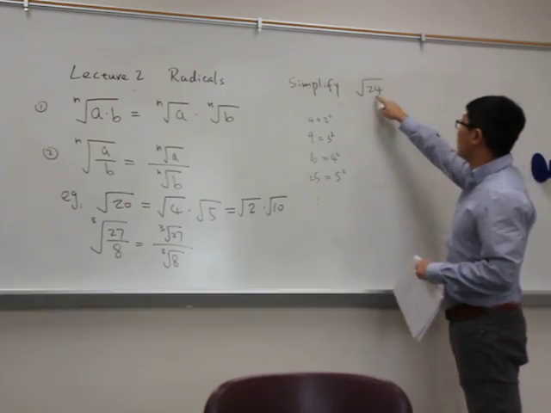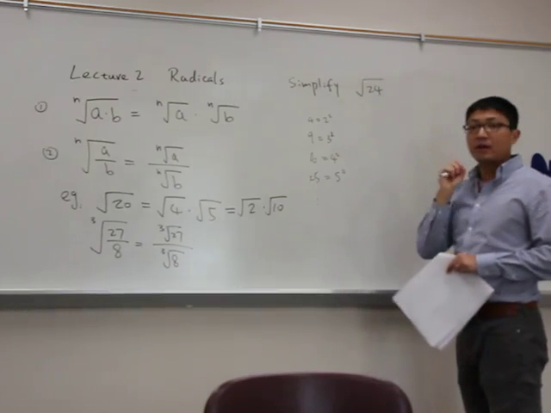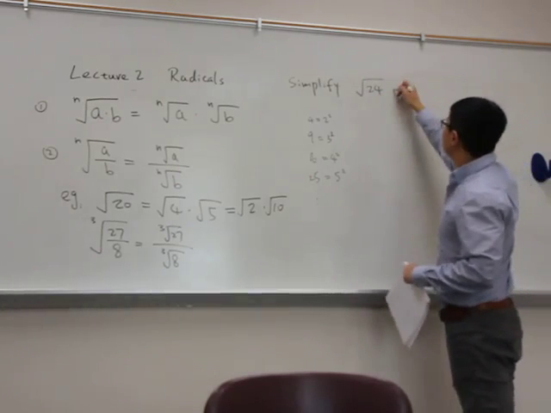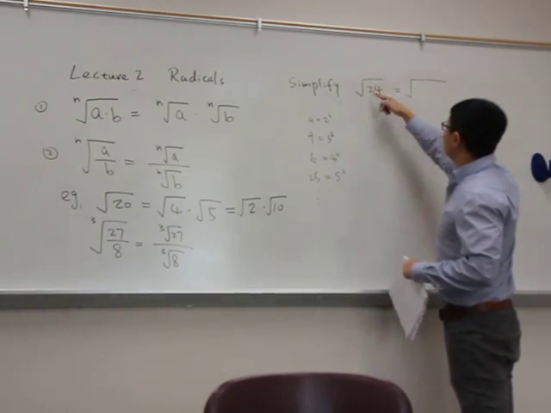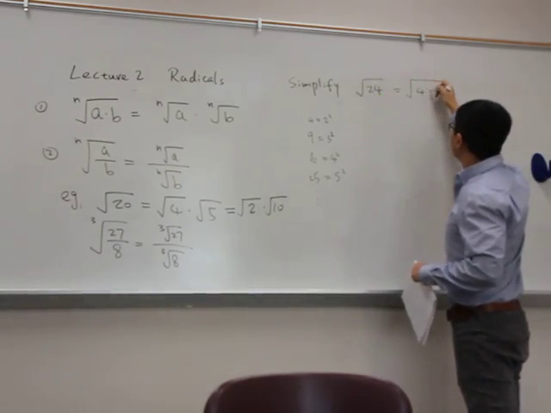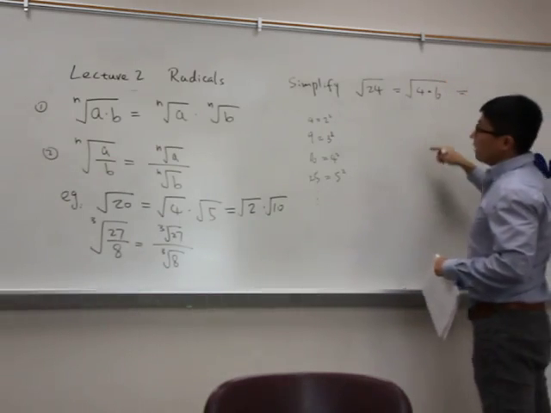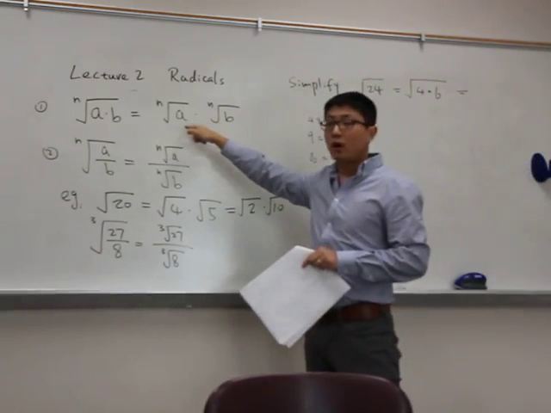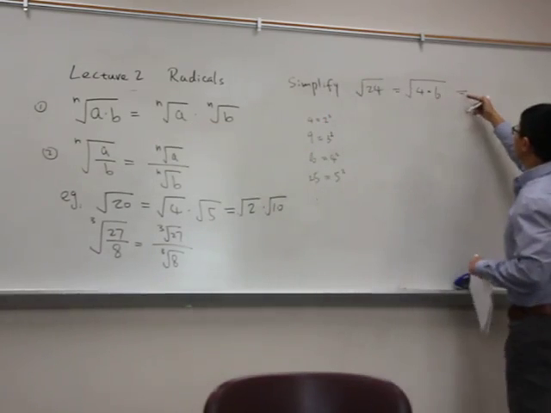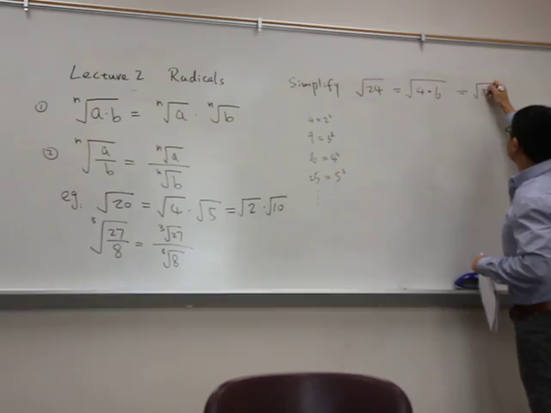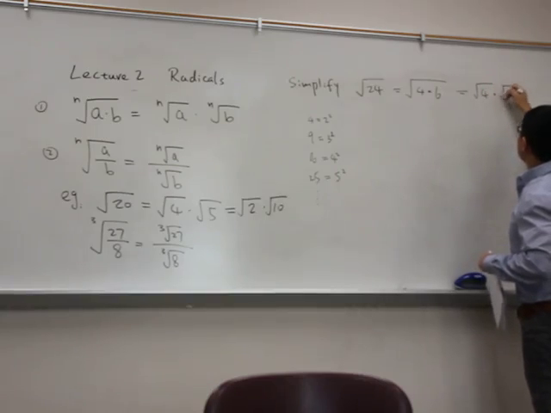Now as you can see, 24 does contain 4. So we split 24 into the product of 4 and 6. And then, according to property number 1, we can split this into the square root of 4 times the square root of 6.